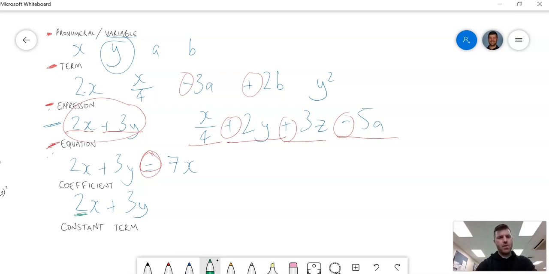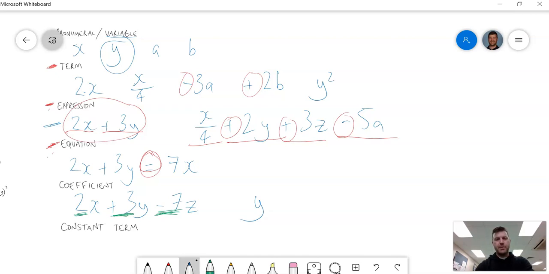The coefficient of y is positive 3. If I extend that expression and say, let's say take 7z, now all of a sudden my coefficient of z is minus 7. If I had a term that was by itself, for example y, what's the coefficient of y there? It's 1.